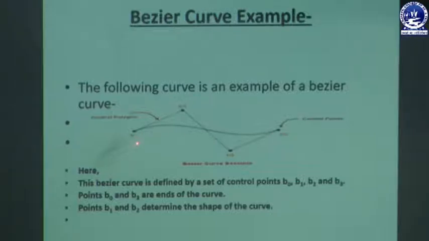Here is the starting coordinate point and here is the ending coordinate point, but the intermediate coordinate points of the curve are B1 and B2.